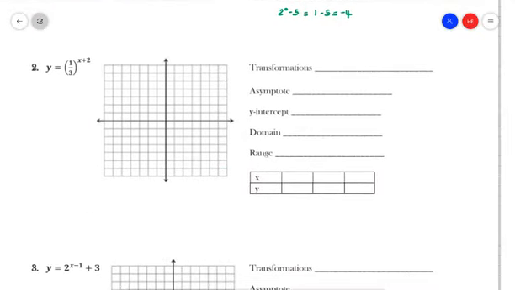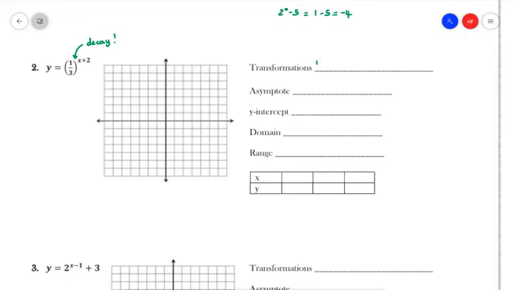Now on number 2, we have a fraction. We've got 1/3, and then our exponent is x plus 2. So since we have this 1/3, we're going to have decay. So our function is not growing, it is getting smaller and smaller. And then the transformation that we have is happening in the plus 2, that is in the exponent. So we're going to move opposite.